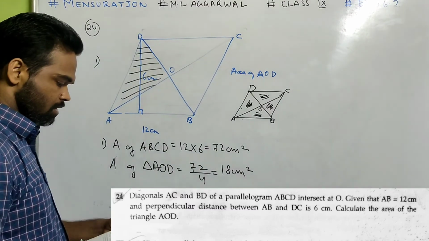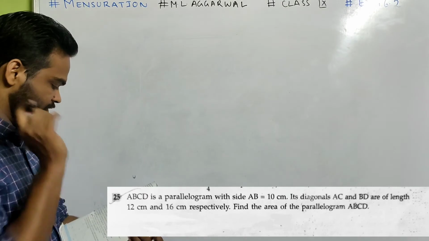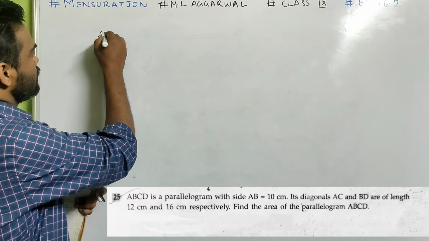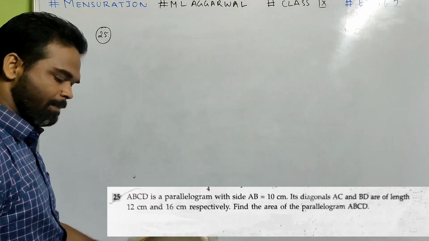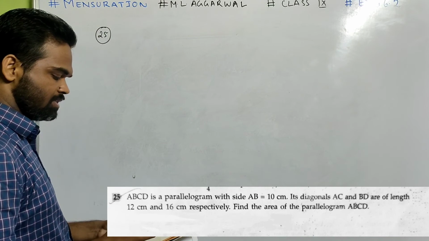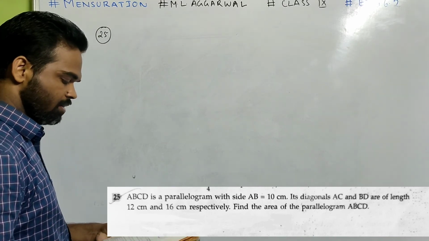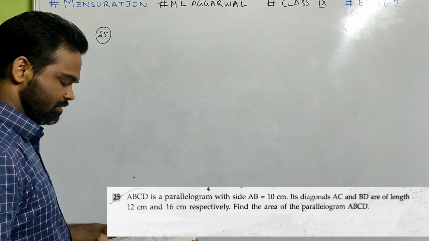Now let us look at number 25. Now look at 25. What they've given. ABCD is a parallelogram with side AB as 10 centimeter. Its diagonals AC and BD are of length 12 and 16 centimeter respectively. Find the area of the parallelogram ABCD.